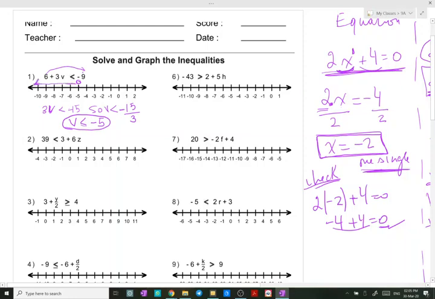So this expresses the answer for the inequality on the number line. This is an empty circle at minus 5 because you don't have equal here, you only have less than. And since v is less than minus 5, you go to the side which has all the numbers less than minus 5.